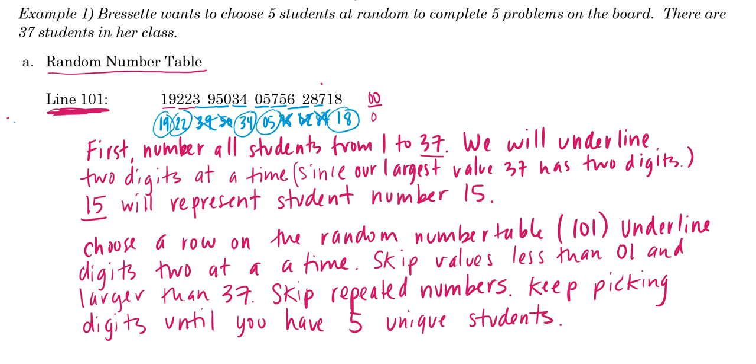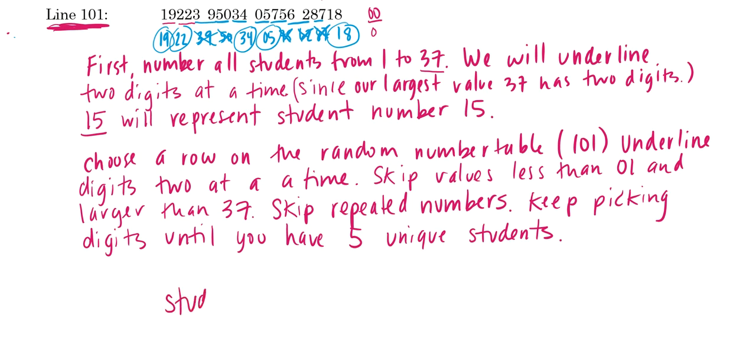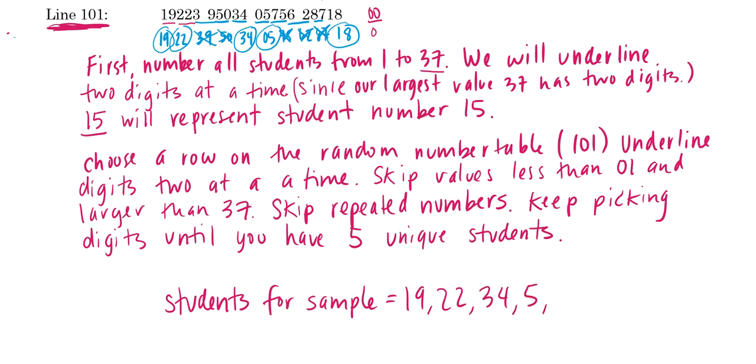Okay, and then so in this case, the students for the sample were student number 19, 22, 34, 5, and 18. Okay, so as far as when you're actually writing out an explanation, you pretty much need most of this.